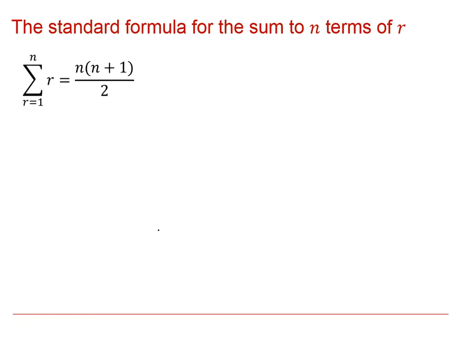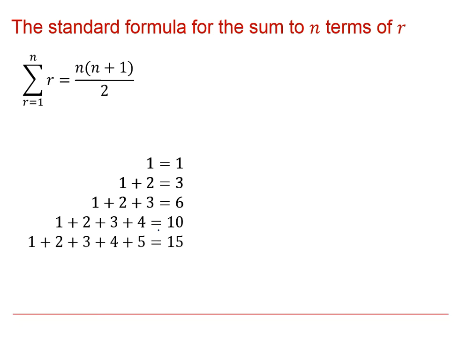Now we're going to have a look at the first few terms that we would have. So if n was 1, we just have 1. If n was 2, we'd have 1 plus 2, which is 3. If it's 3, we're going to have 1 plus 2 plus 3, which is 6, and so on.